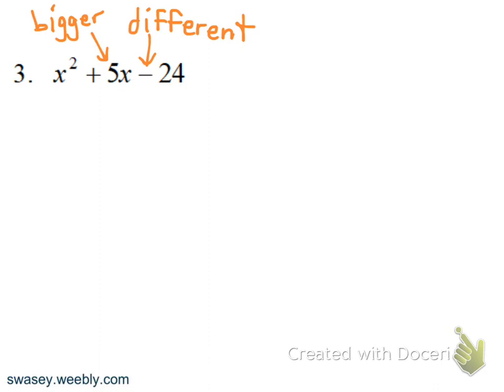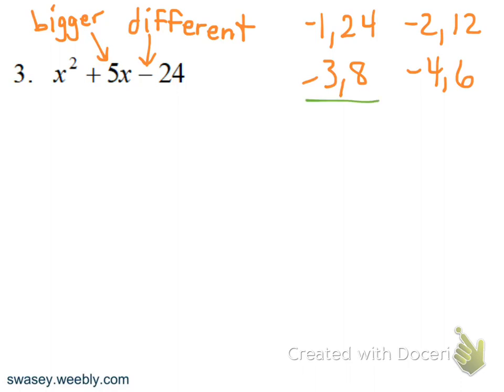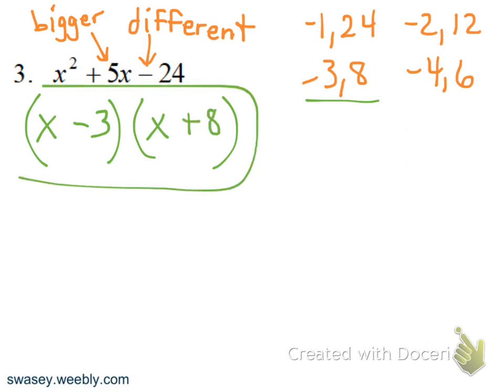So the bigger number is negative: negative 1 times 24 is negative 24, negative 2 times 12, negative 3 times 8, negative 4 times 6. Which pair adds up to positive 5? So that's negative 3 and 8. So x times x gives us x squared. We'll have minus 3, and plus 8. You can distribute twice to check.